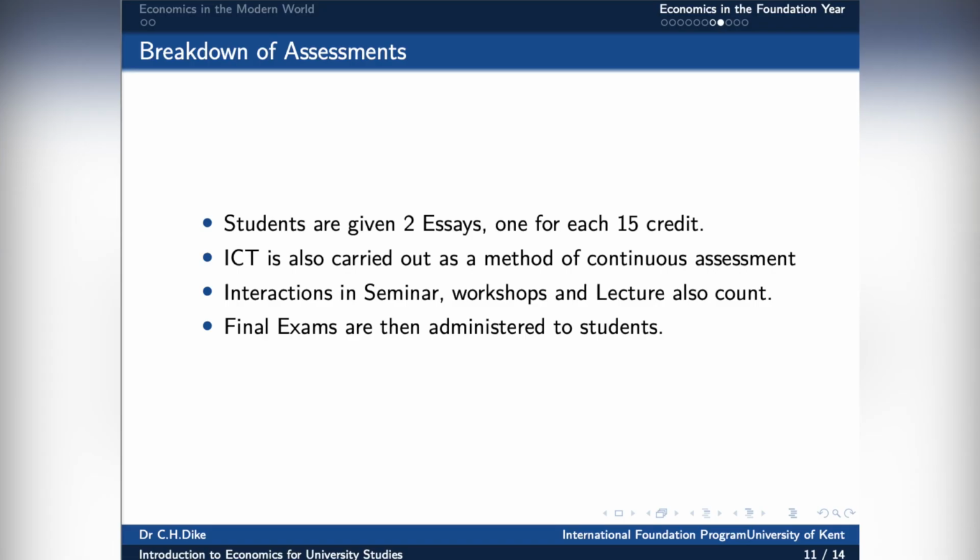Our assessment pattern includes an in-course test whereby students are tasked with showing that they have understood certain concepts which they would have been taught, especially in the earlier weeks of the lecture. Students are also given 2 academic essays to write, which tend to be mid to long essays.